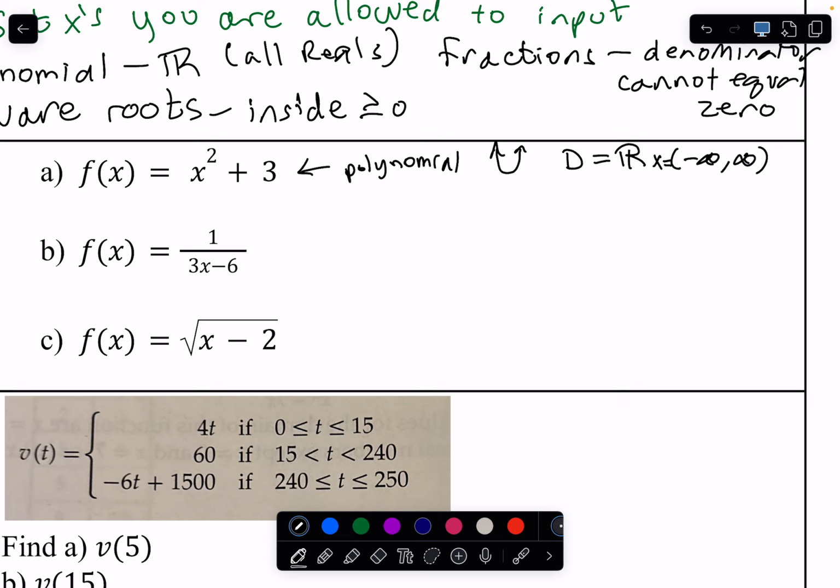Okay. Now let's take a look at the fraction. Now I said, you can still see it on the screen a little bit, that fraction denominators cannot equal 0. So the way that we are going to deal with this fraction is we are just going to set the denominator, 3x minus 6, equal to 0.